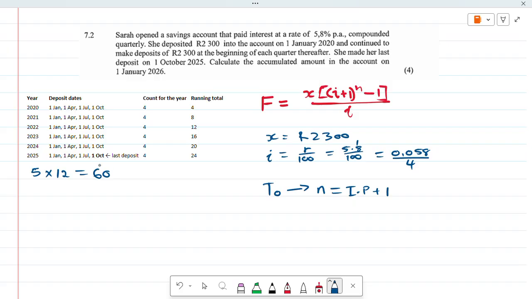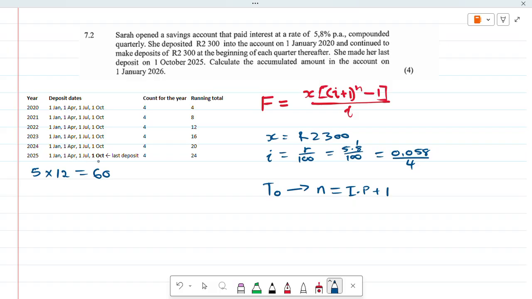But there is a remaining bit, which is for the 1 April, the 1 July and the 1 October. Each of these is a quarter which has 3 months in it.